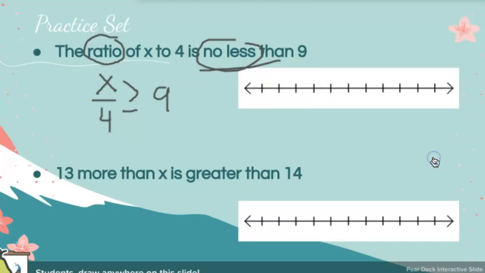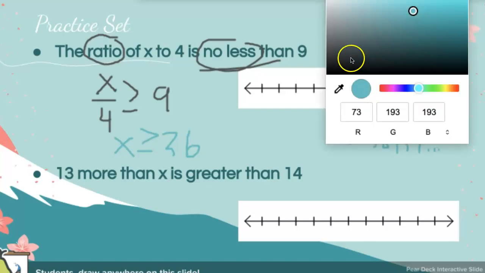So I could just say 36. I don't need to write all the numbers. It's greater than or equal to, oh wait, we have to solve it first. 9 times 4 is 36, so x should be greater than or equal to that. So the possible solutions will be x is 36, 37, and so on. Okay, let's go to the next one.